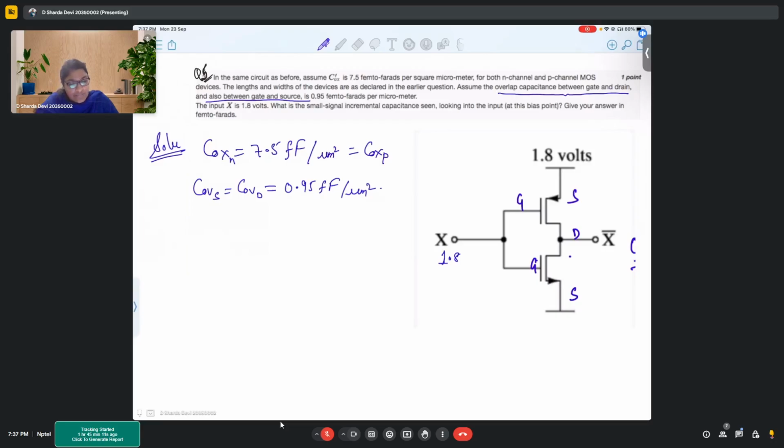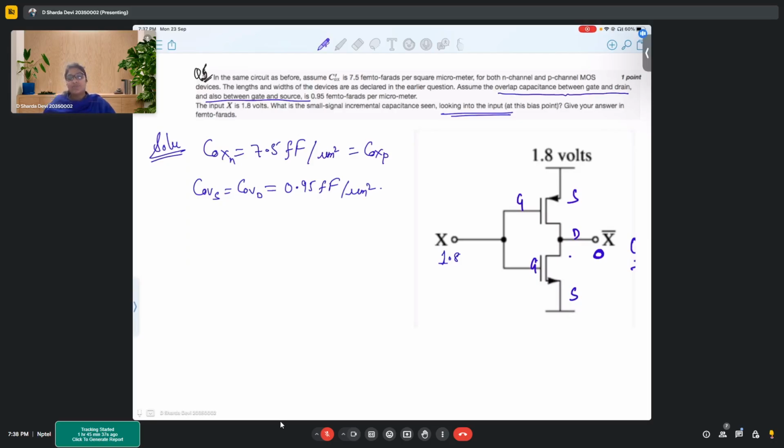What is the small signal incremental capacitance seen looking into the input, in femtofarads? See, if your input is at 1.8 volts, the output will be 0. So when both the output nodes are at the same potential, VDS is 0, right?